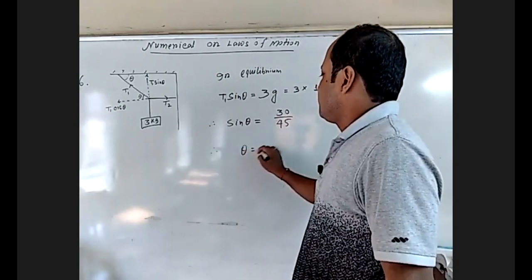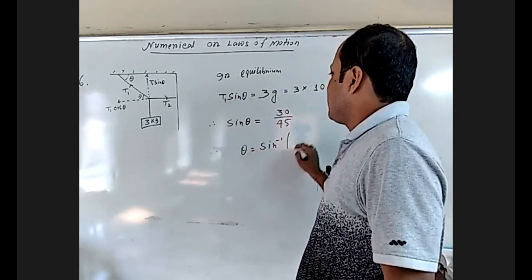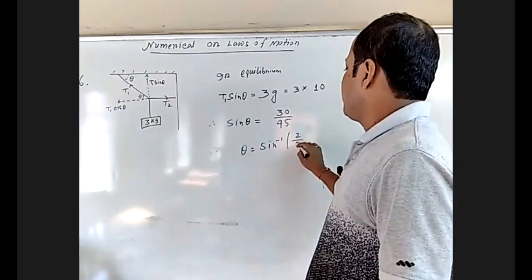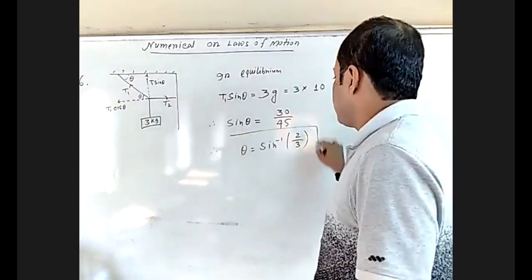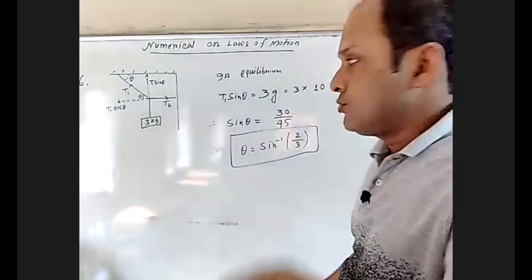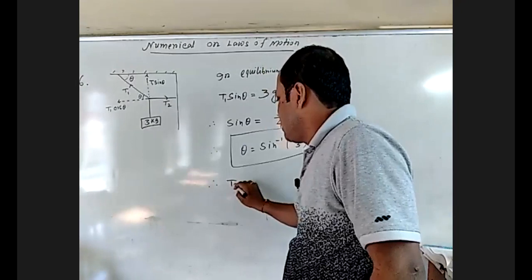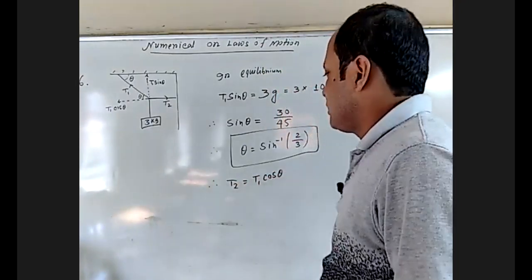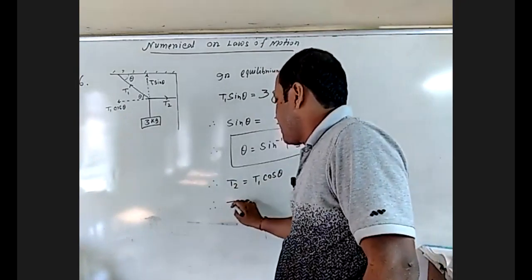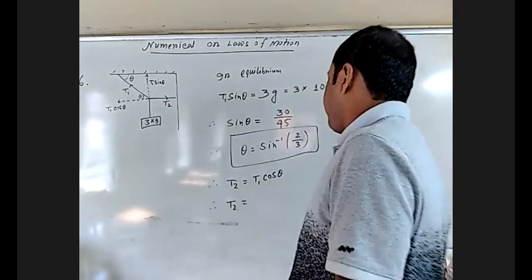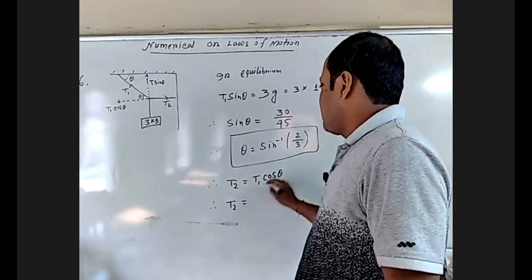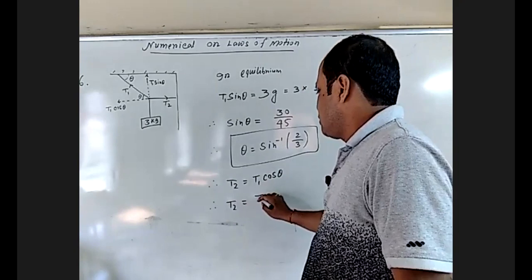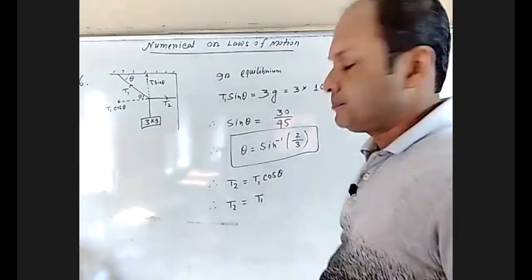Therefore, theta equals sin inverse 2 by 3. This is one answer. T2 equals T1 cos theta. What about cos theta?